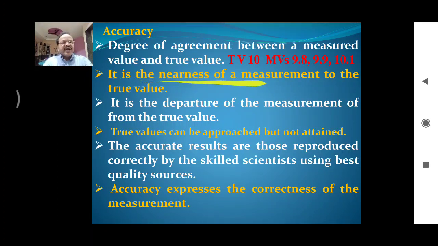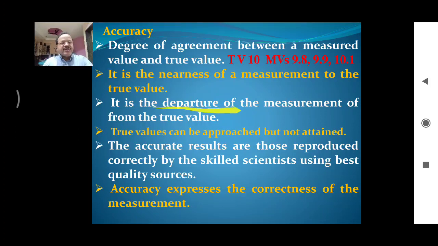It is the nearness of measurement to the true value. So 9.8 is near to 10, which is the true value. 9.9 is very near to the true value 10, and 10.1 is just differing by 0.1 from the true value.